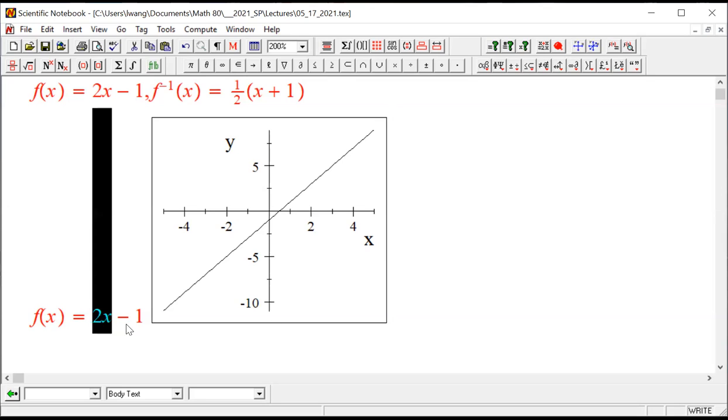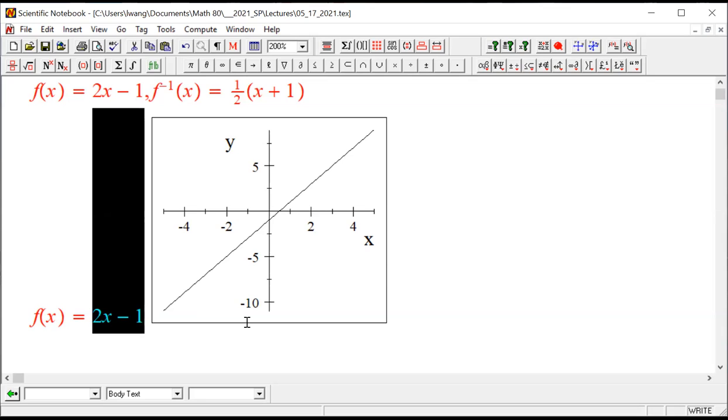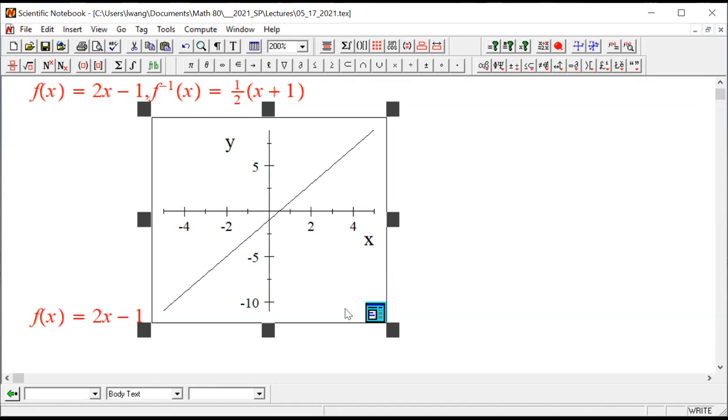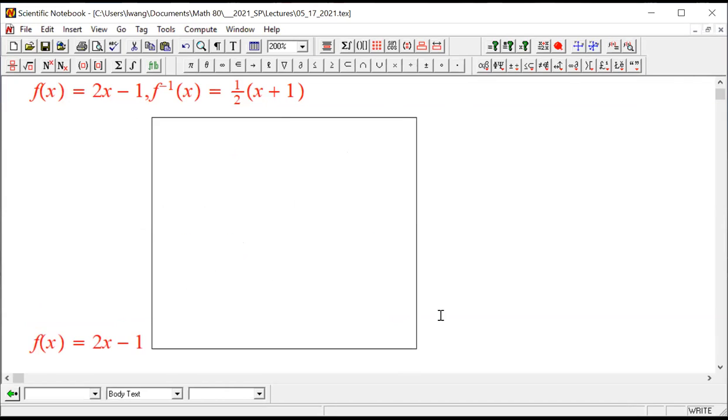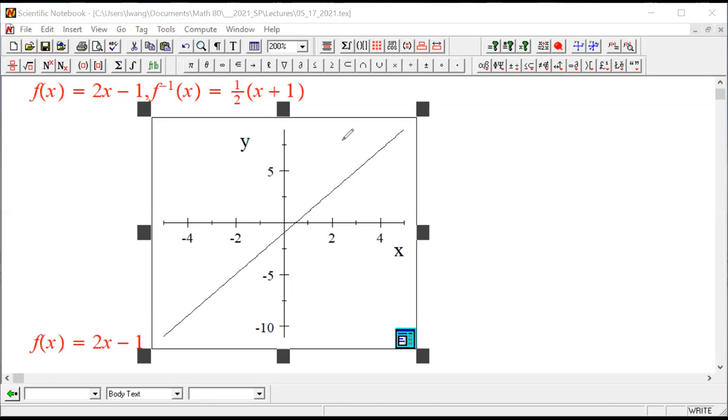But first of all, is it a function? Of course, it's a function. What's the definition of a function? We learned it before: for each input, there's a unique output. For example, in this case, suppose I have an input.